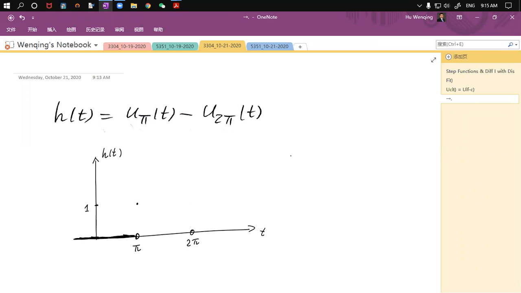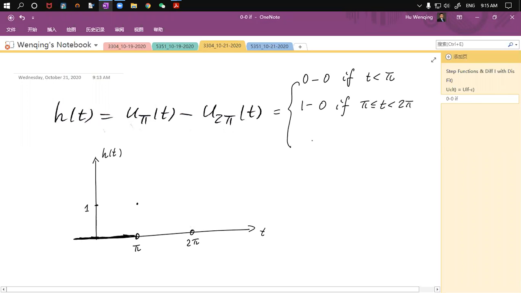So basically you can see that this function is 0 minus 0 if t is less than pi. It becomes 1 minus 0 if t is between pi and 2 pi. And it becomes 1 minus 1 if 2 pi is less than or equal to t. Is that good, family? So you have a filled dot here until you reach 2 pi.